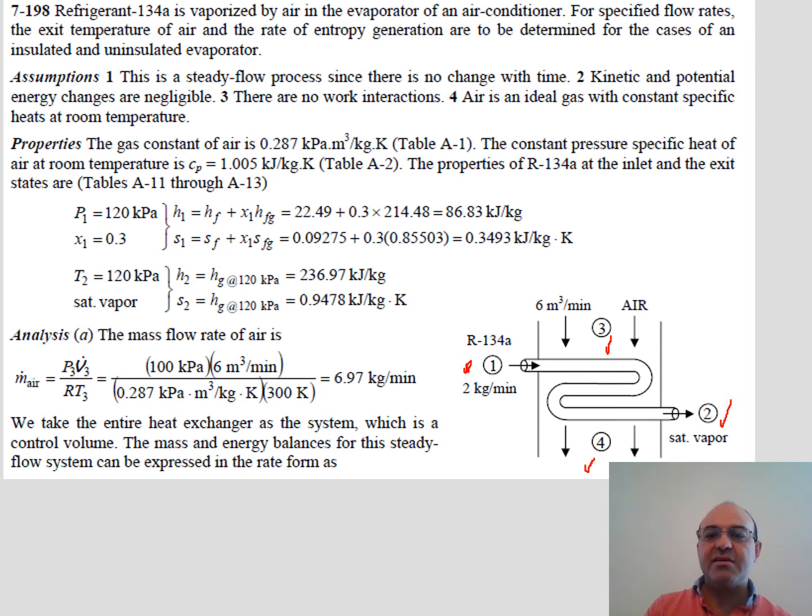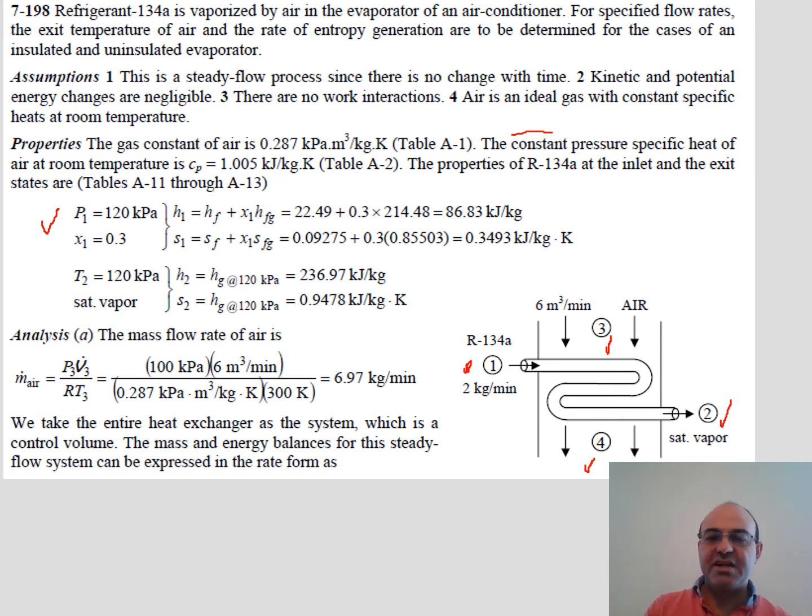For air, the problem doesn't state what to do exactly, so we can go ahead and use constant specific heat, based on the approximate solution. For refrigerant, we go ahead and use the refrigerant table. For refrigerant, P1 is given and X1 is given.